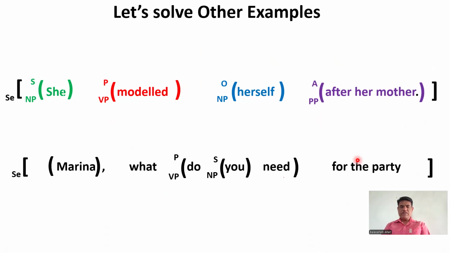What do you need for the party is addressed to Marina. So when the name is addressed, we have to write VOC, a short label for vocative. As a form label we write VOC, and we do not write any function label for it.